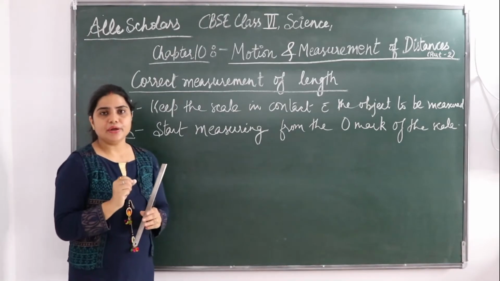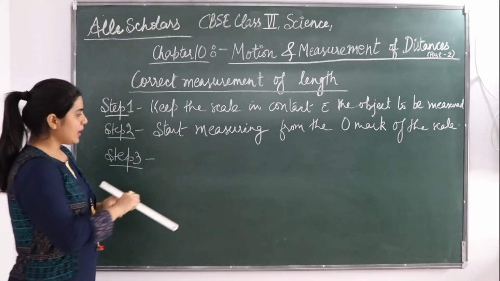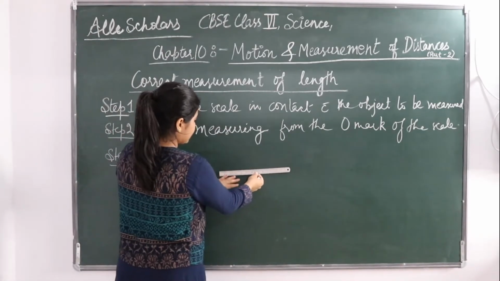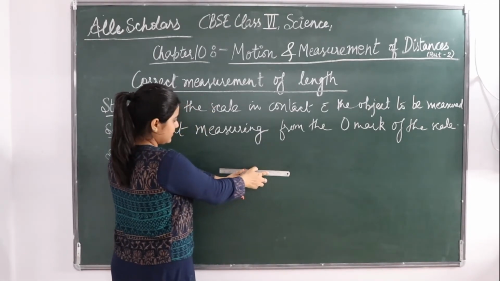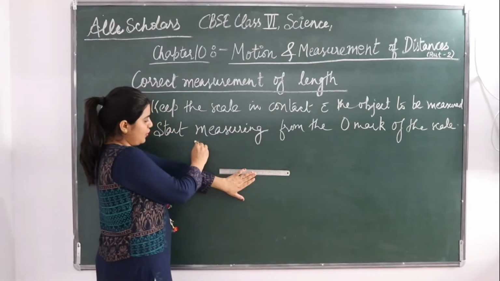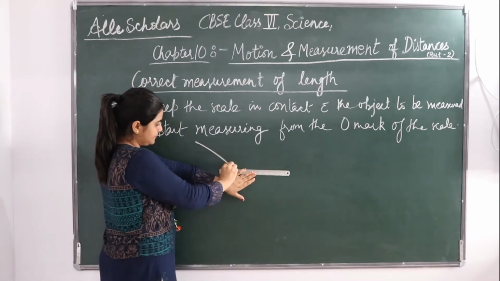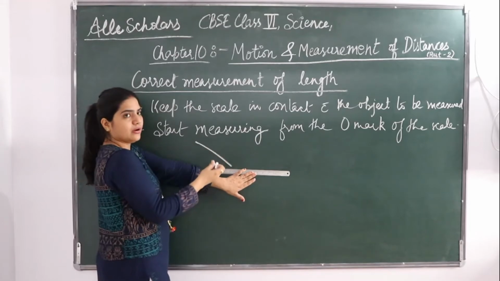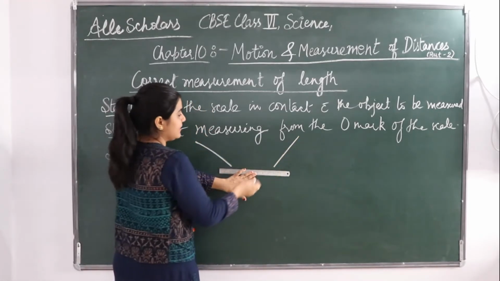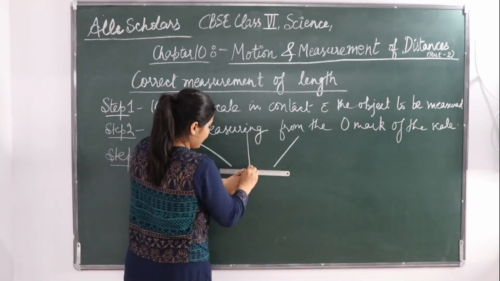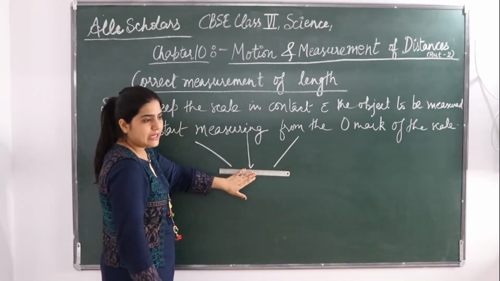Okay, suppose you have to measure this. We are measuring it like this. So if you look from here, it is going to be wrong. If you look from here, it is going to be incorrect. If you look from here, from the middle, it is going to be correct.